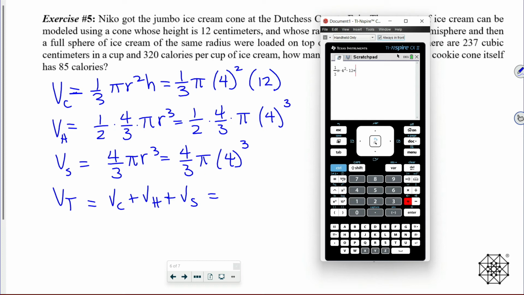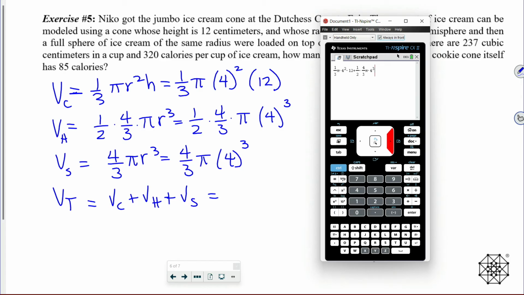Plus, now my hemisphere. That one's the most irritating one to me because it's got 2 fractions involved. The 1/2 that comes from the fact that it's a hemisphere, and the 4/3 that comes from the fact that it's half of a sphere, right? So 4/3 times pi r to the third, right? Maybe I'll even put that multiplication symbol in there, even though I don't think I need it.